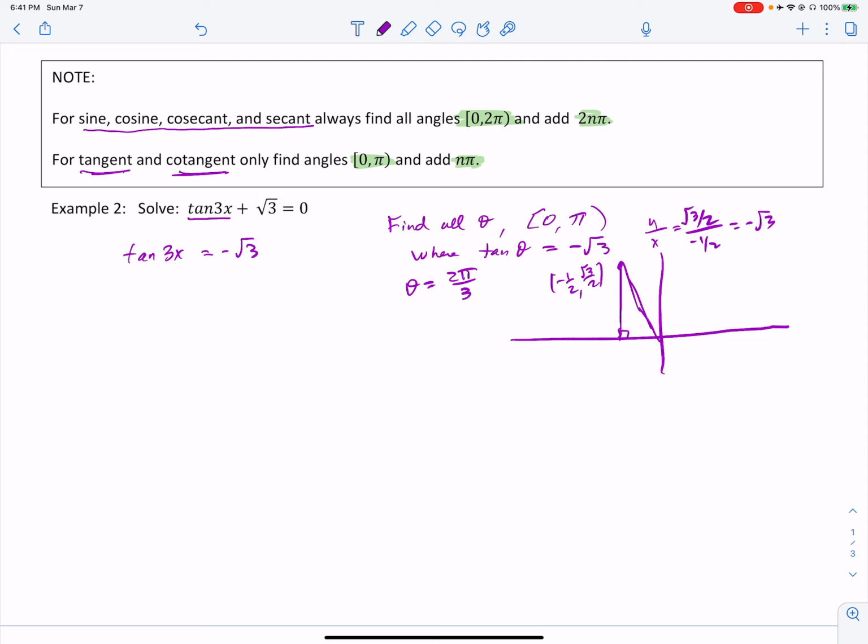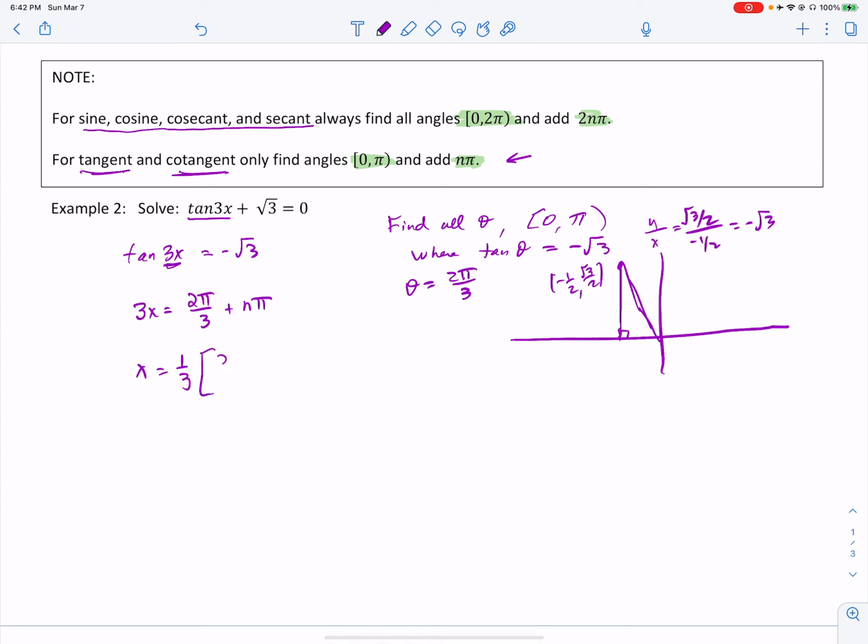But it's not theta, theta is 3x. So 3x has to be 2 pi thirds. But because it is tangent and its period is pi, we only add n pi to this. And that's it. Then multiply both sides by 1/3 to get x.